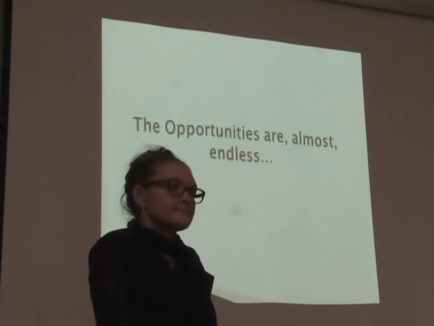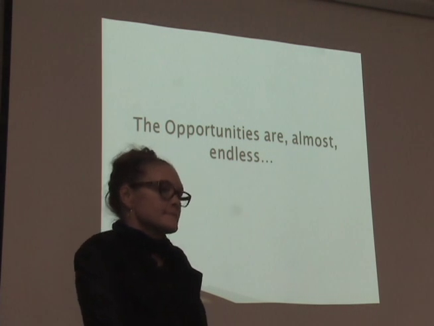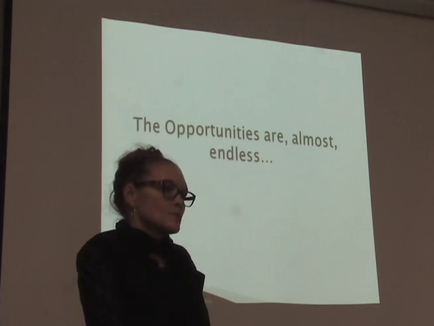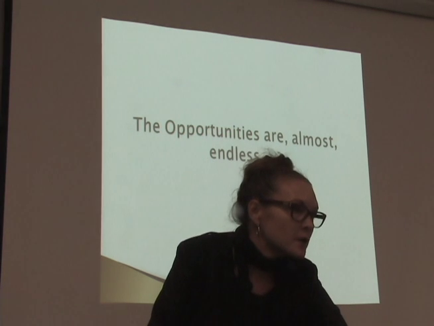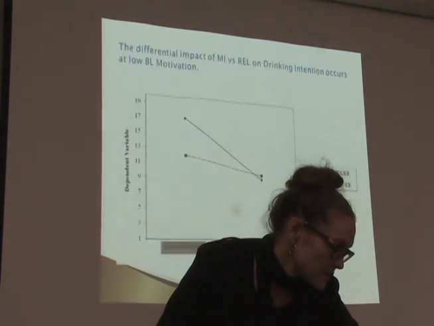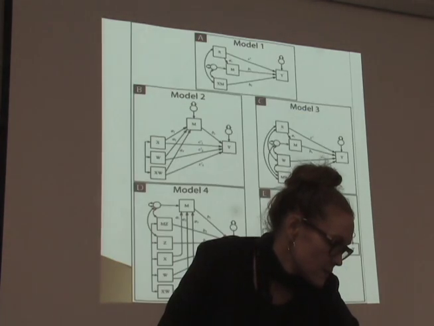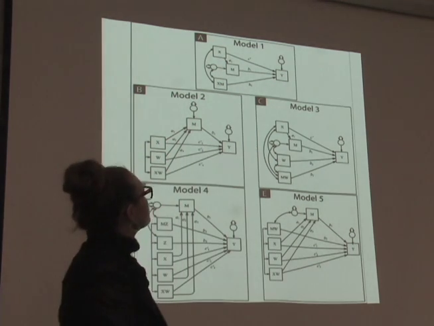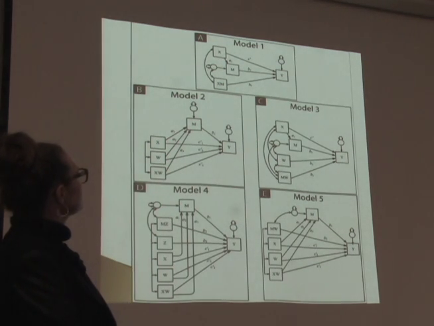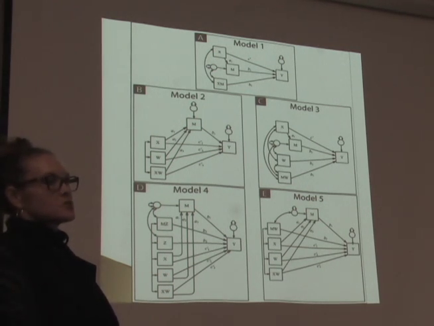Mm-hmm. Can I see the slide again where you have the different SEM paths drawn out? The 5 different models? Yeah. Sure. Those latent variables, those are the error terms, I'm assuming? Yeah, but they're not being modeled. I'm not really sure why they're there, but.